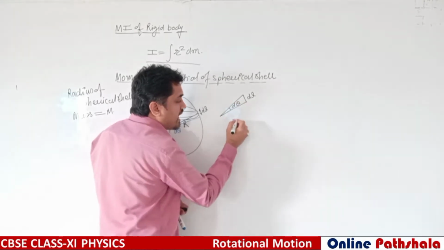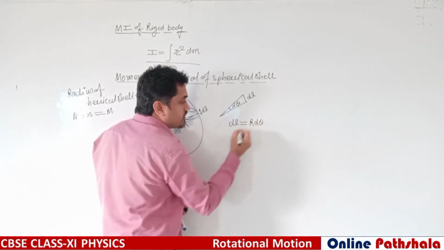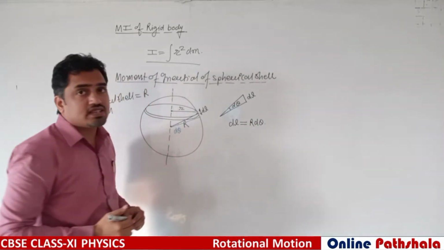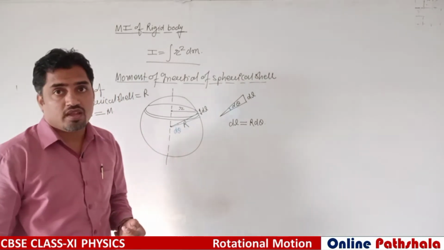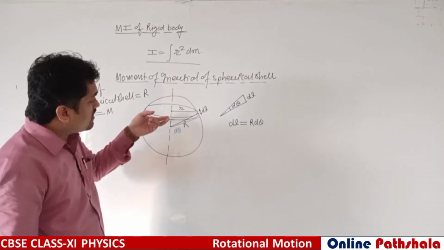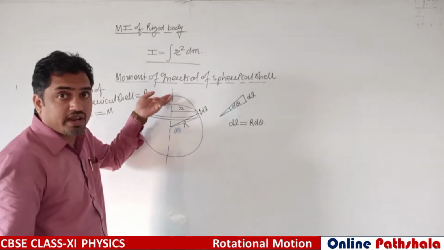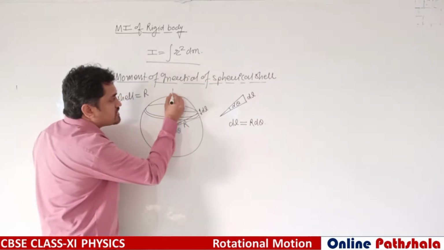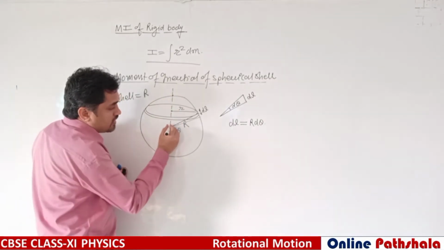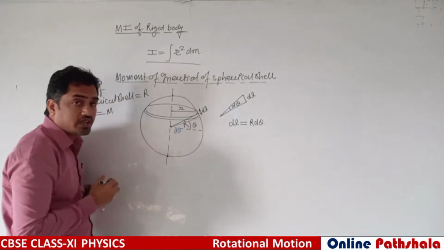So, this dl can be written as r into d theta. Actually, in this we have to do integration with respect to theta. When we move this ring from the lower end to the upper end, from the lowest point to the highest point, we have to integrate with respect to theta.